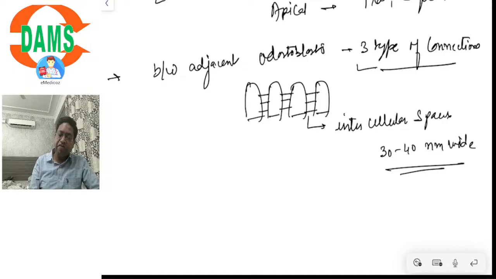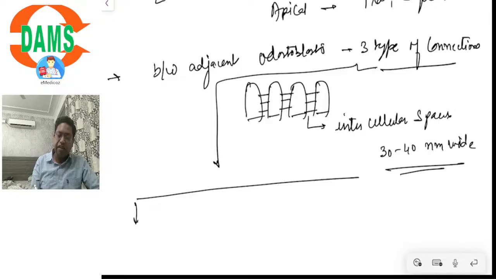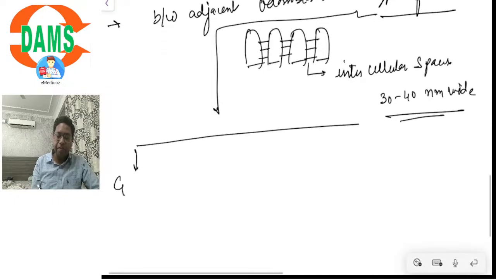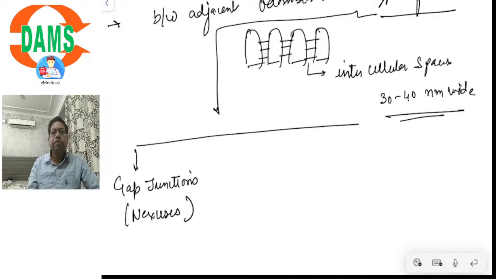These three types of connections which are present between the odontoblasts are the gap junctions. These gap junctions are also called nexus, nexuses. Then there are tight junctions.